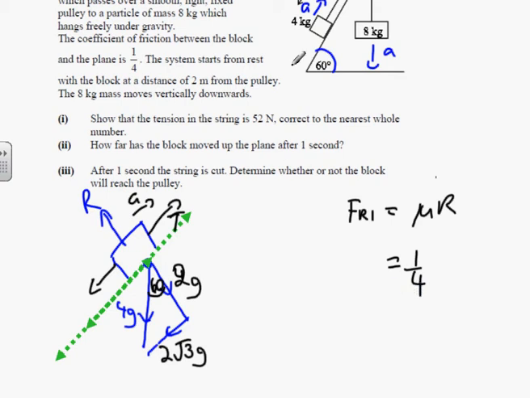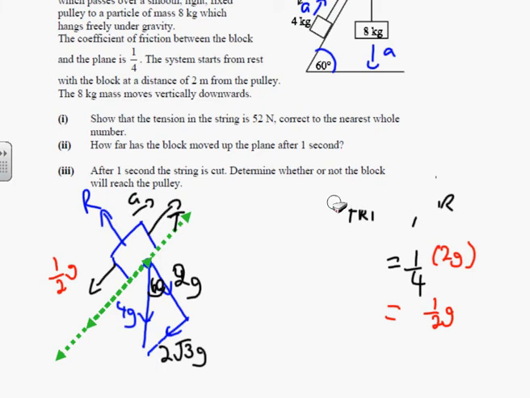R is in the opposite direction to the 2G, yet it isn't sinking into the plane, which means R equals 2G. Okay, so it's balanced. And then what do we get? It's going to be G over 2, or half G. So there is going to be a half G in that direction there.